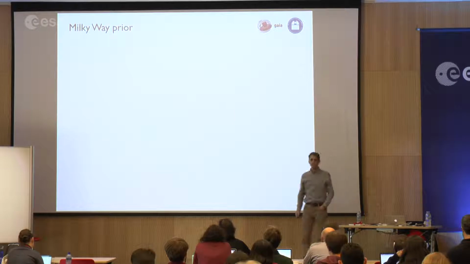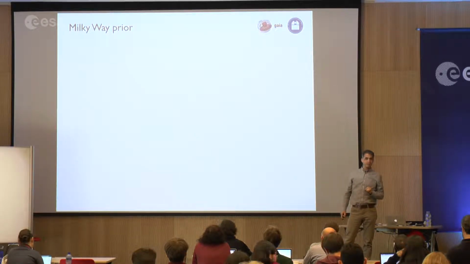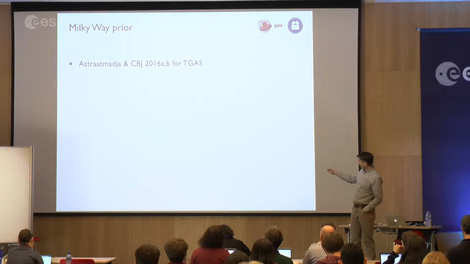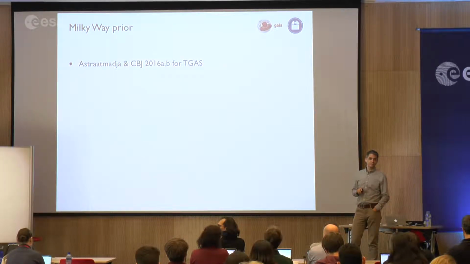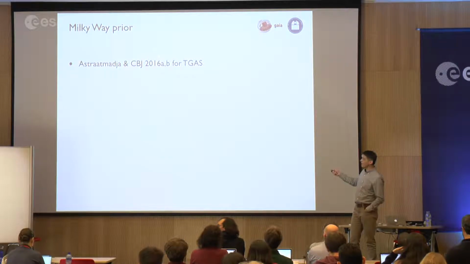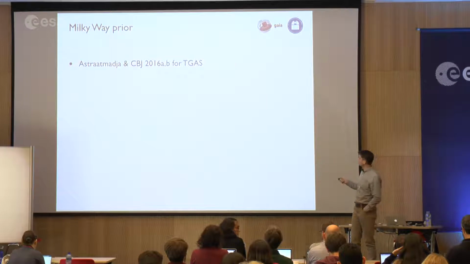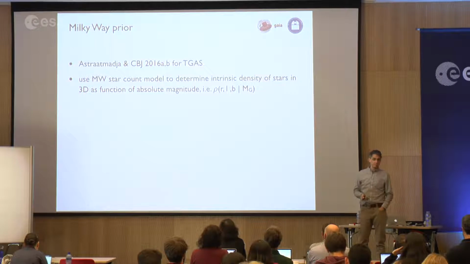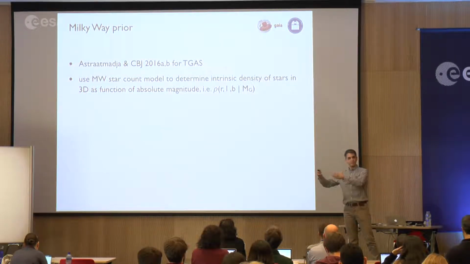So the idea here is to do something nearer to our current understanding of the Milky Way. In the first paper we develop it in a general sense for Gaia, and in the second paper we apply it to the TGAS data and derive distances using it for the TGAS stars. So the idea is to use essentially a star count model for the Milky Way, and these models, of course, themselves are based on previous observations. Right? We didn't invent the size of the galaxy in a model.